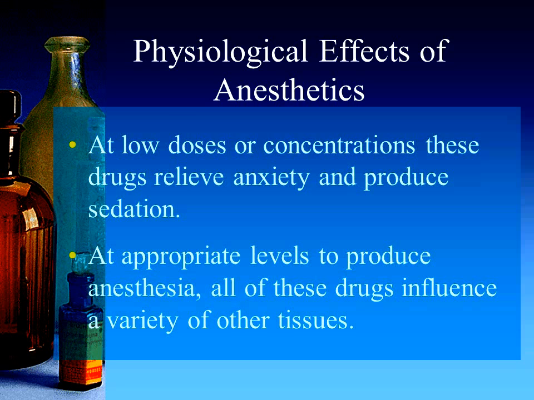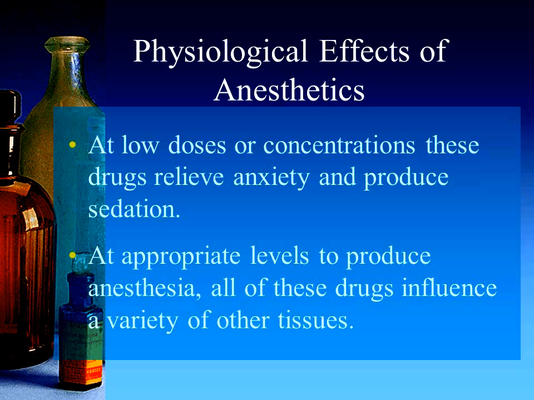If we increase the level, we then can produce what we call anesthesia, whereby the body is no longer aware of any of the sensations coming in. But keep in mind, whenever we go to that point of anesthesia, the medications are influencing a variety of other tissues throughout the body.